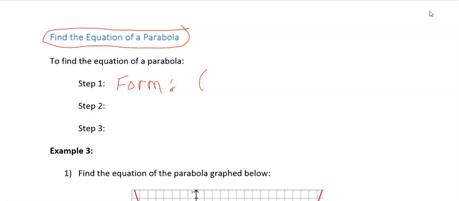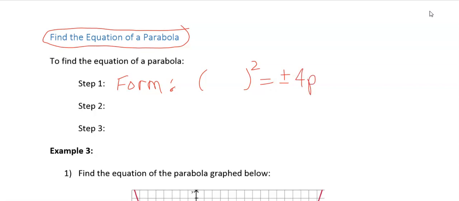Now remember, you're going to have a squared part on the left-hand side of your equation, and that could contain the x or the y, depending on the direction your parabola is opening in. Then you're going to have an equal sign, and then either a positive or a negative constant, which we were calling 4p.